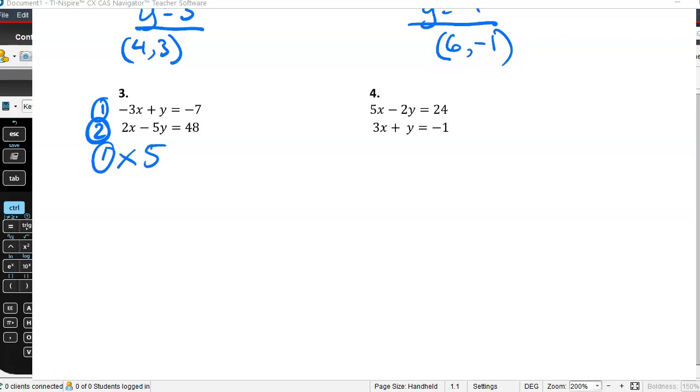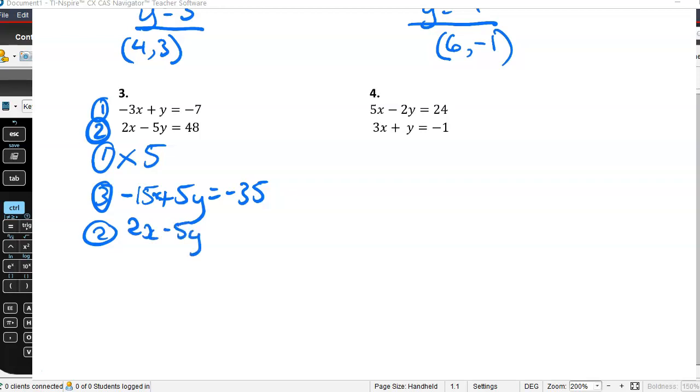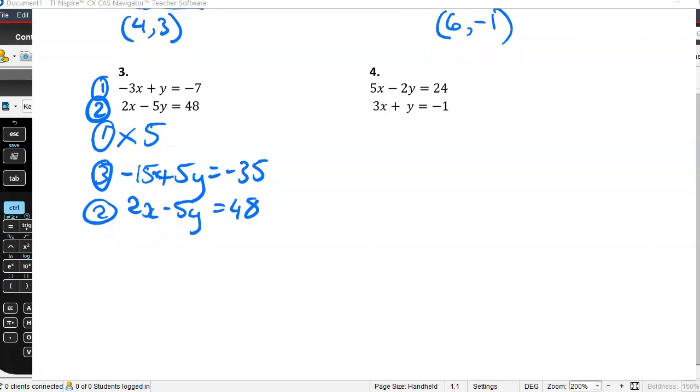I'll get equation 3, so negative 3x times 5 is negative 15x, then I end up with positive 5y equals negative 7 times 5 is negative 35. Okay, and equation 2 still is 2x minus 5y equals 48.